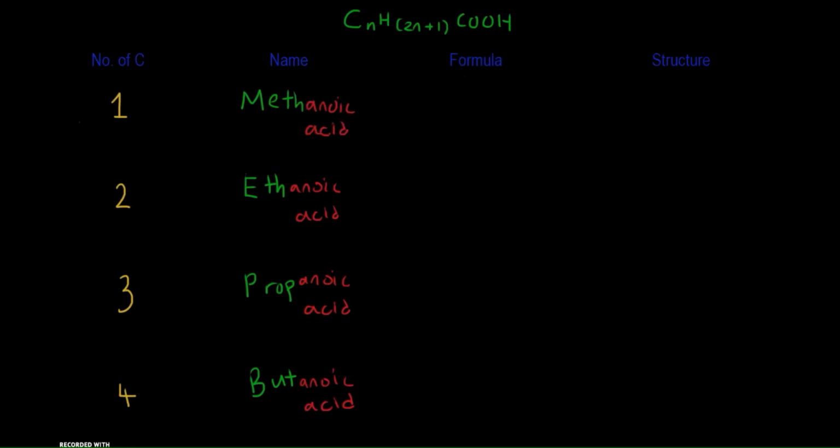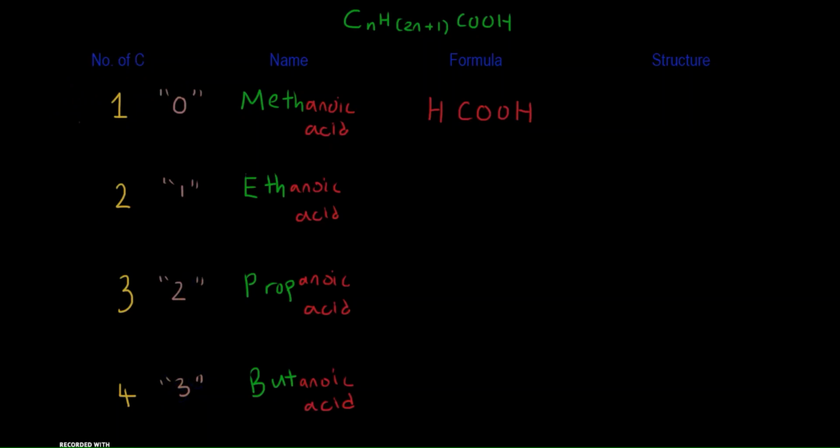Formula wise, this is a bit tricky, in the sense that the first one is actually HCOOH, because in this chapter, just in this chapter itself, you have to view this number of C in terms of 0, 1, 2, and 3. What do I mean?